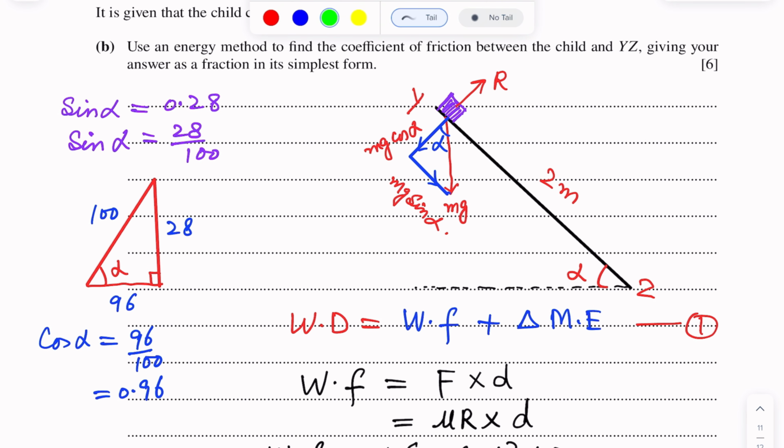H is this height of point Y above Z. This is the height, and we have to find it. We will use the ratio perpendicular over hypotenuse. This is h over 2 equal to sine alpha. This is the height of point Y above Z, and it is h.